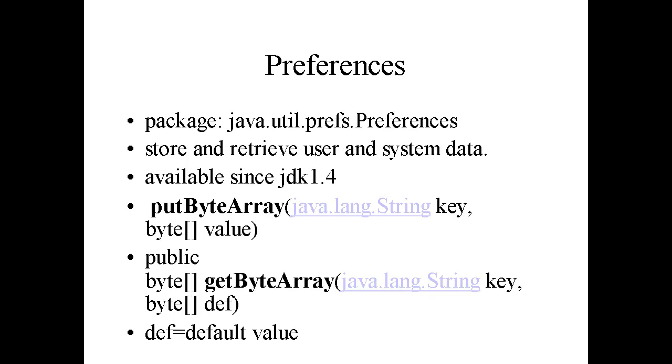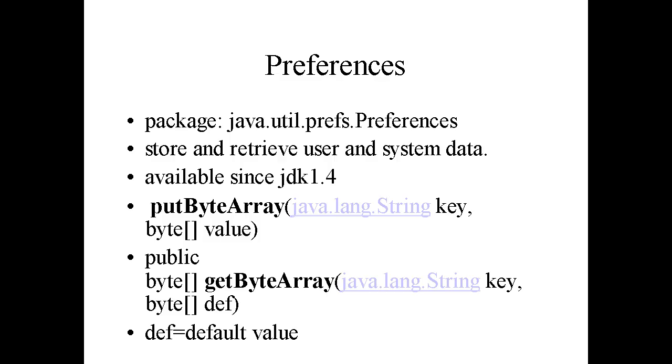So preferences are new since JDK 1.4, and they enable you to use a key to store values in an operating system managed preferences file, and that is as secure as the user ID and password for that operating system.